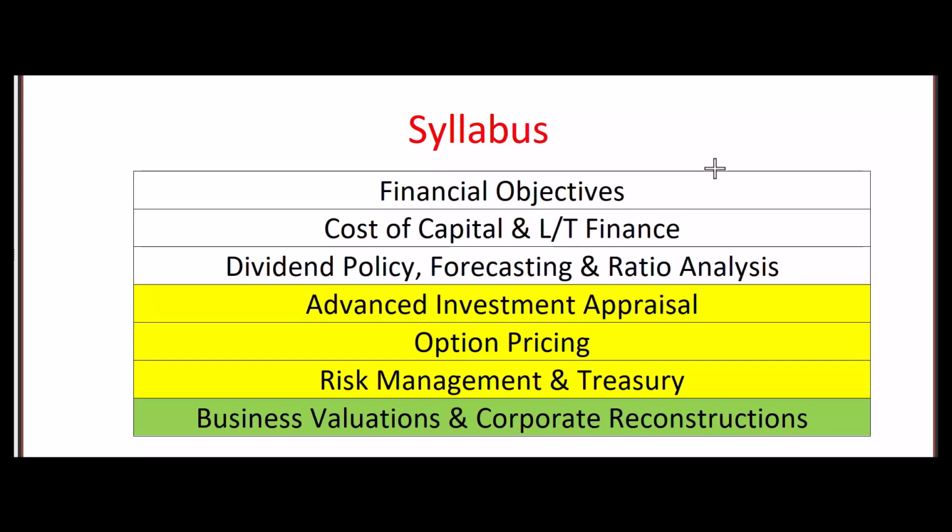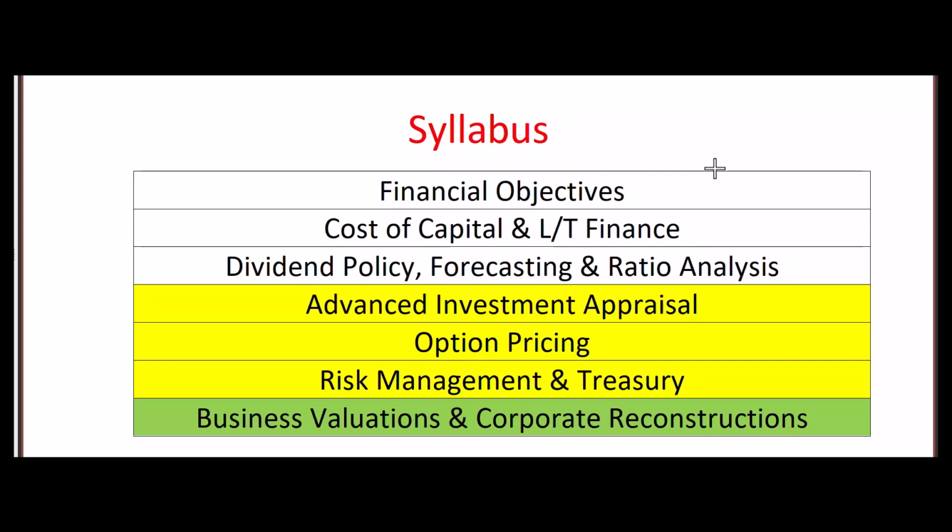And what I've done here is to summarize the syllabus into the following 7 areas. So first of all, you have financial objectives, which is primarily a discussion area as far as the exam is concerned. It's a theory-based area, and that sets the foundation for what AFM is all about.